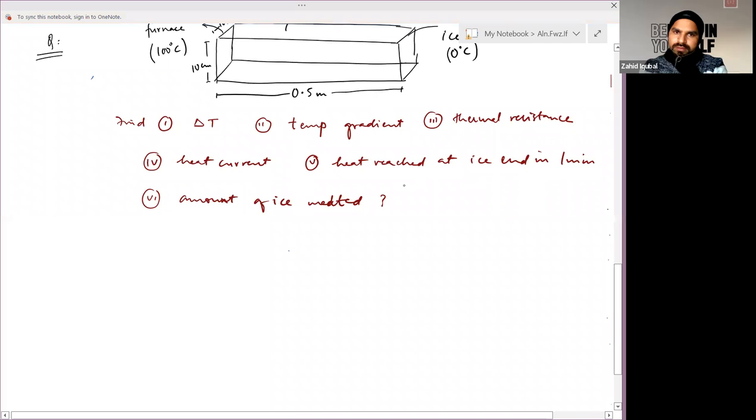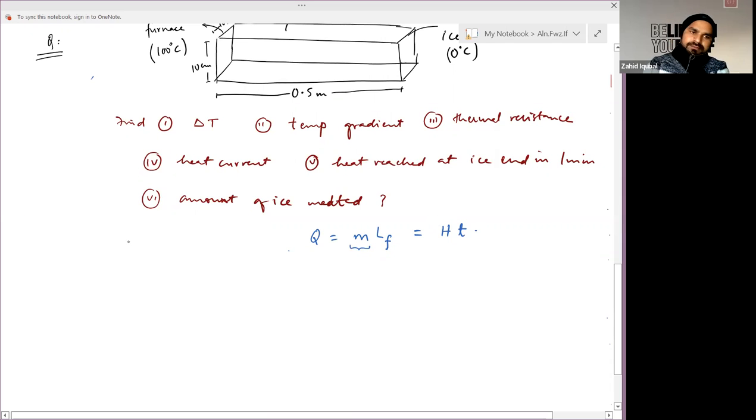Since you have calculated the heat reached at the other end, this heat will be responsible for melting some of the ice. So Q equals mass of ice melted times latent heat of fusion. Q is the heat reached at the other end, that is heat current times time taken. Just equate these two terms and try to find the mass of ice melted.